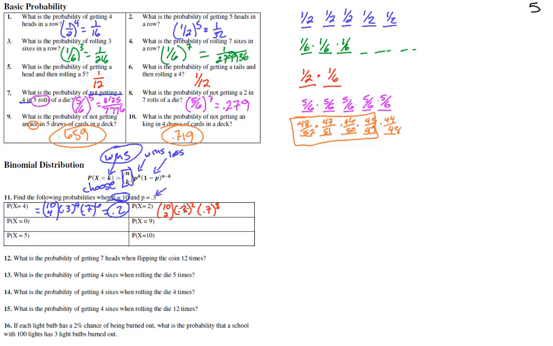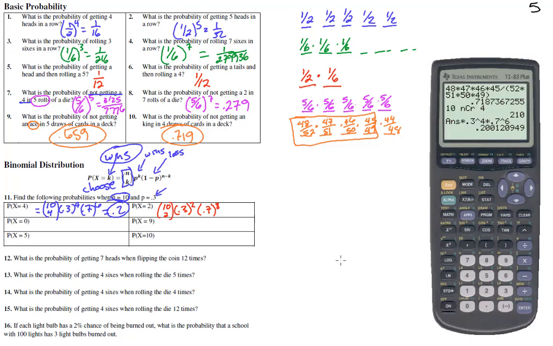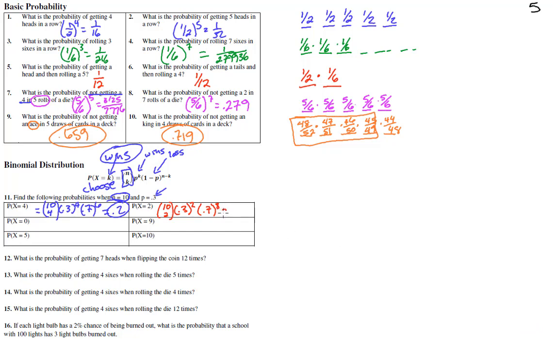And then here's the probability of winning 2 and the probability of losing 8. So let's plug that in. 10 choose 2. There are 45 different ways to do that, times 0.3 to the 2nd power times 0.7 to the 8th power, and we get 0.23.